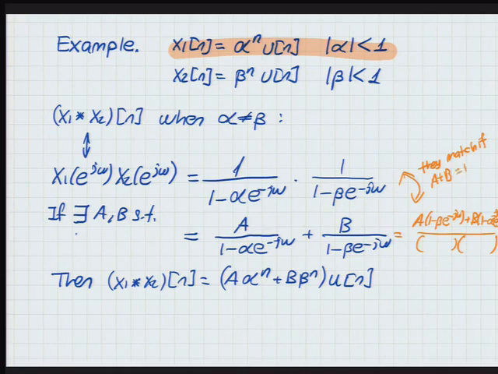And then the terms containing e to the negative j omega in the numerator here are A times beta plus B times alpha. And they should add up to 0, because I don't see any e to the negative j omega terms in this numerator, right? So under these two equations, the two terms will match, so our partial fraction expansion will work.